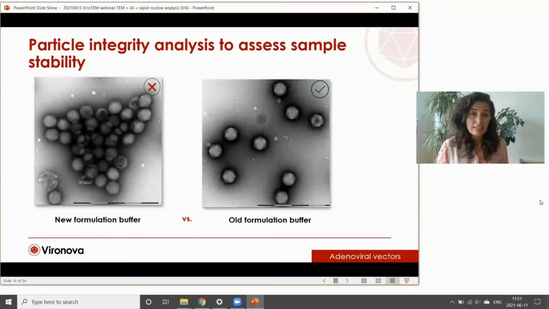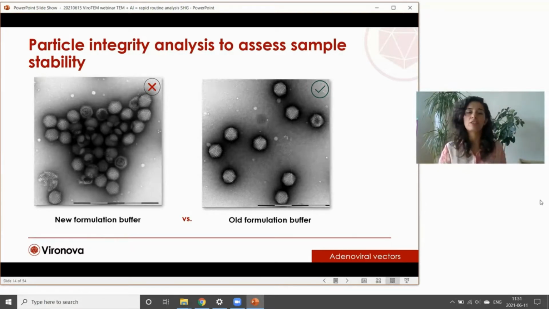Particle integrity analysis can give you an idea of your particle or your sample stability. Freeze thawing, time, heating, and looking at what is happening to your particles visually and getting that quantitative data out of it as well. The example that I've chosen to show here is looking at changes in a formulation buffer for adenoviral vectors and what happens to the particles.